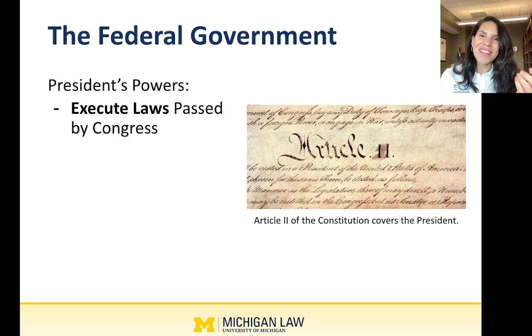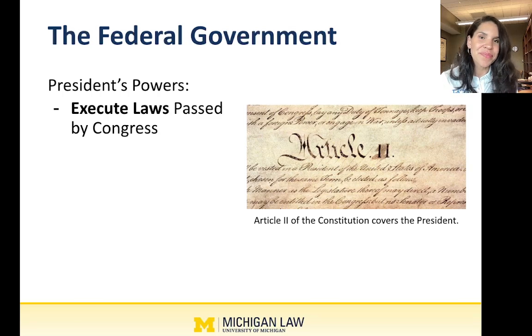So marijuana, even though it is legal in many states, it is still federally illegal. So we're going to talk about conflicts in state and federal. But the federal executive for the last several years has chosen not to execute that law, not to really go after that type of criminal behavior. It's just not a priority. So the executive can choose not to execute a law.